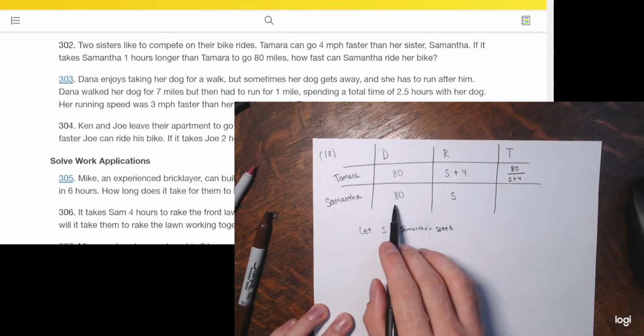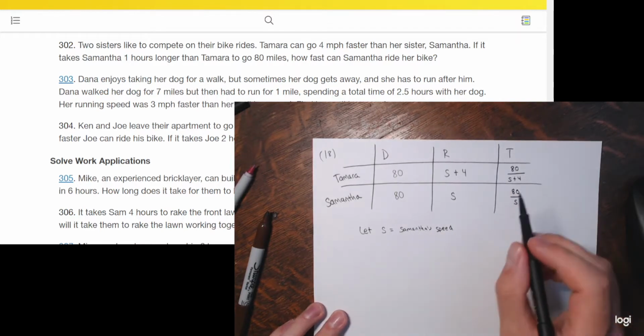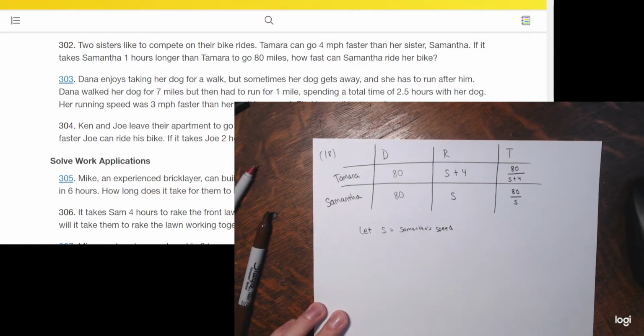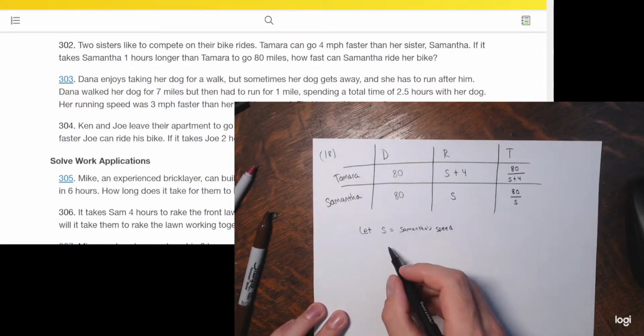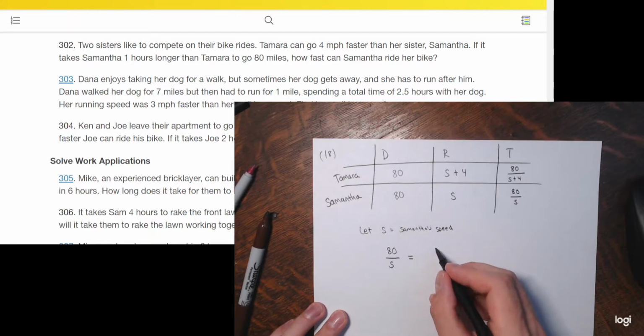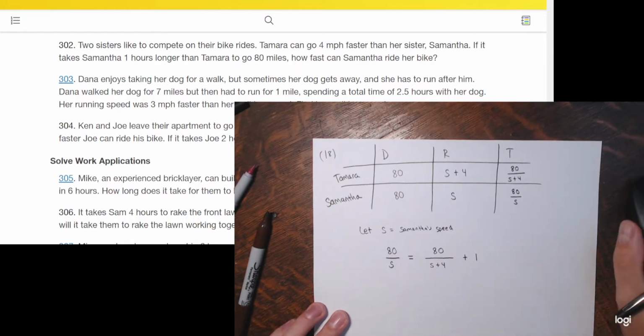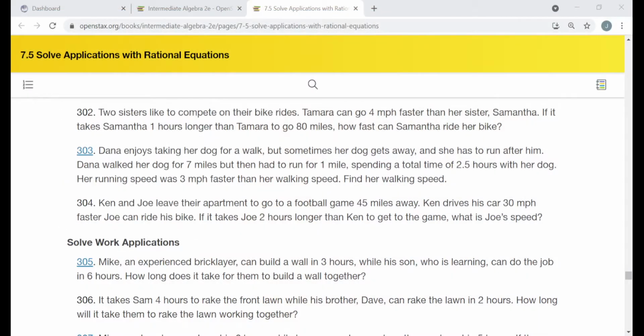The time it takes Samantha is 80 divided by S. It takes Samantha 1 hour longer than Tamara, so Samantha's time, 80 divided by S, is Tamara's time, 80 divided by S plus 4, plus 1. An hour longer.